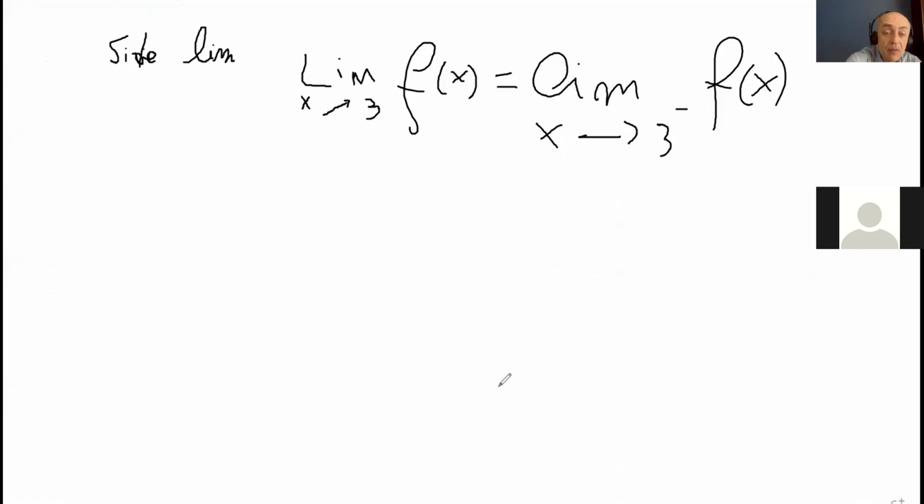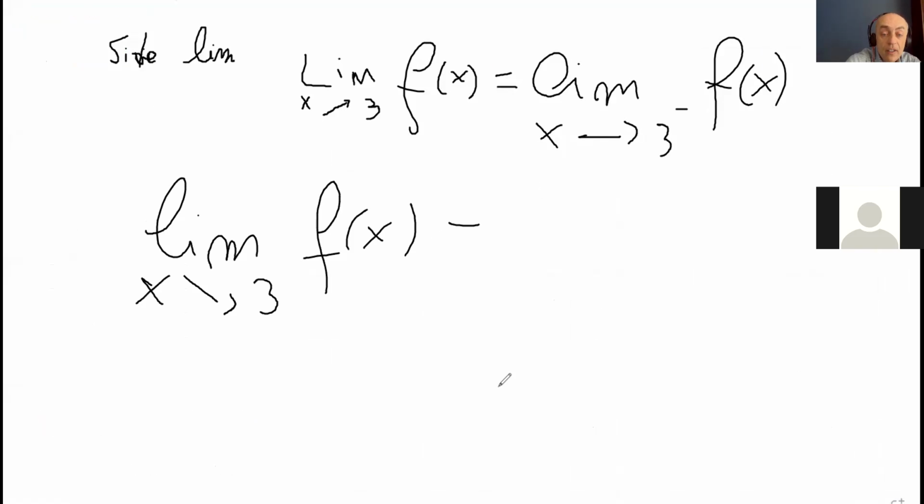And for the right limit, in other math books, you will see something like this: x is descending towards 3 of f of x. Or you can see what you see in your book, but pay attention because it doesn't mean that 3 is a plus.